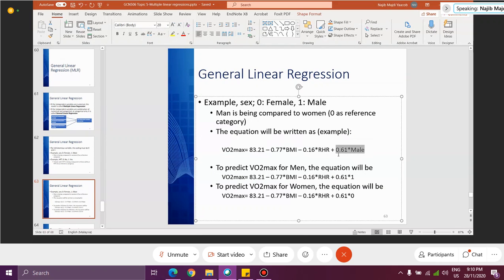If the person is male, then it is 0.61 multiplied by 1. If the person is female, then it is 0.61 multiplied by 0. So for female, you only interpret the initial part of the equation. Only for male do you need to interpret all three variables in the equation.